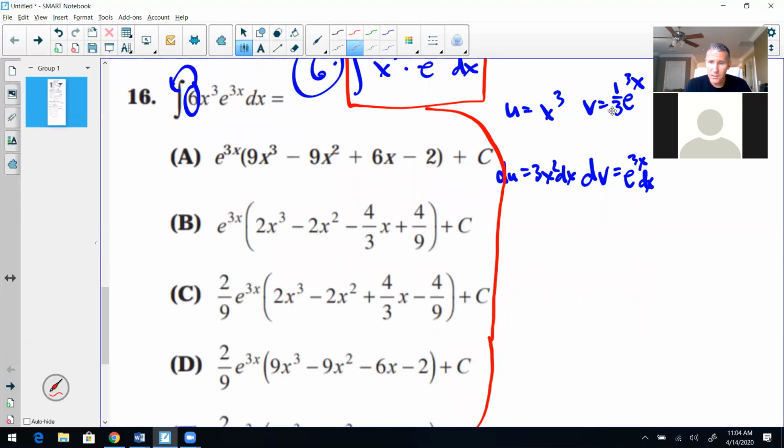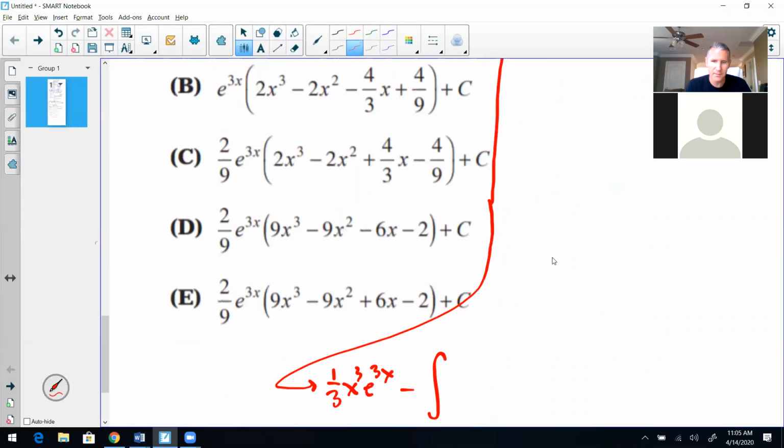For v du, the 1/3 and the 3 cancel out, and I'm left with x squared e to the 3x dx.